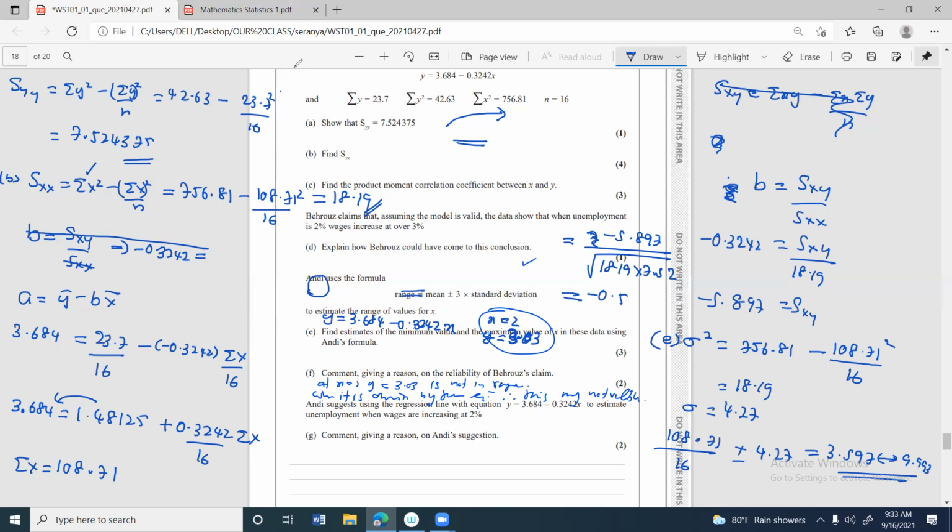For this case, you can say that when you're working out with this 2% unemployment, it does not fall into the relevant standard deviation range.